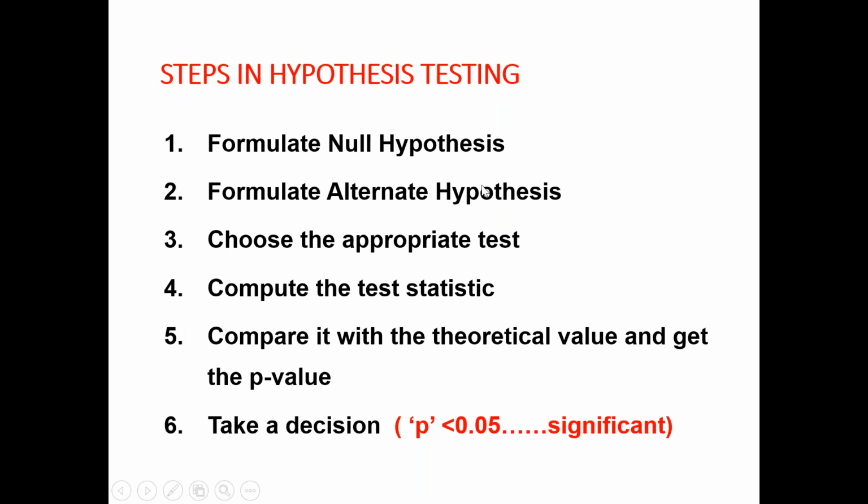I also frame alternate hypotheses, which could be the possibilities. Maybe the alternate hypothesis could be that the prevalence of anemia is higher among the boys. Another alternate hypothesis could be that the prevalence of anemia is more among the girls as compared to boys. Then the third alternate hypothesis could be, I do not know actually which one is more prevalent among boys and girls, so then I can say there is a difference in the prevalence of anemia between boys and girls. So this could be another alternate hypothesis.